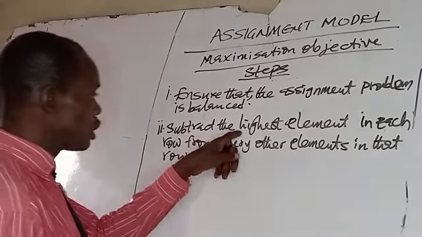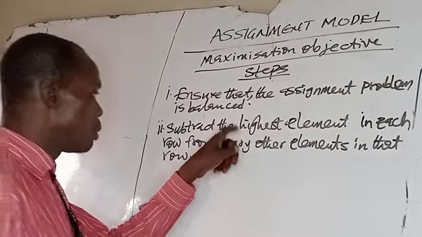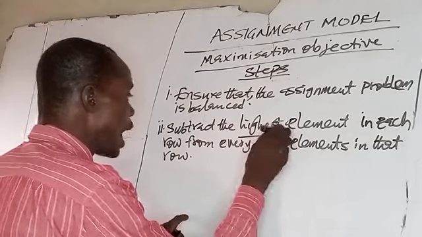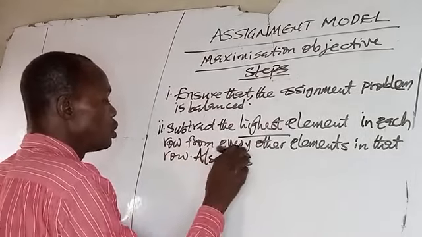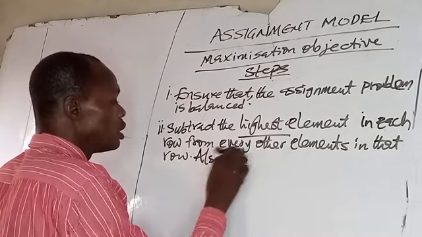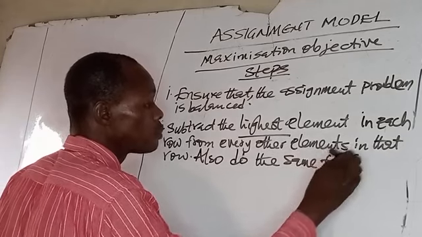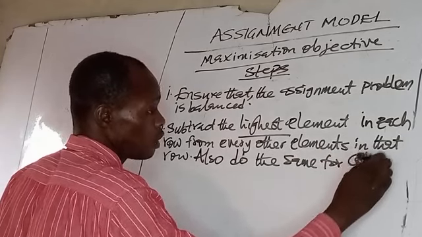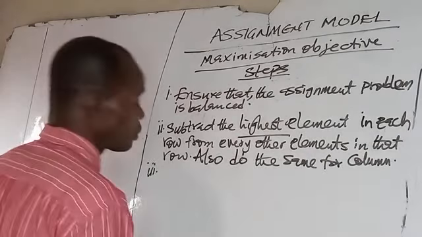Note that for minimization, it was the lowest that was used, but this is maximization. That is why you use the highest element. Also do the same thing for each column.